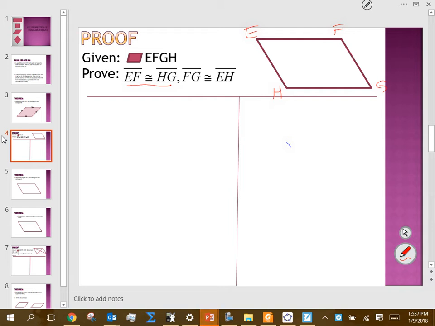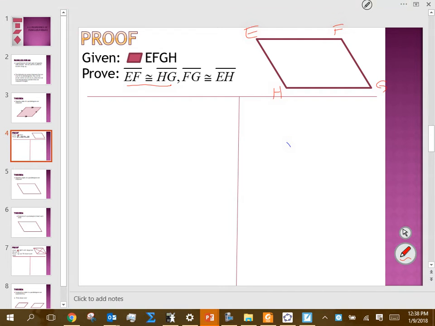So we start off with if you have a parallelogram, then opposite sides are congruent, and we take that if-then statement and write it for a specific example. E, F, G, and H is that parallelogram, so then we can discuss some parts and procedures. Now, parallelogram is a vocabulary word.